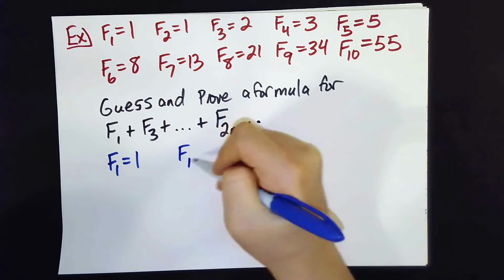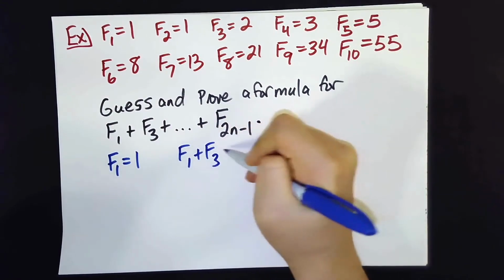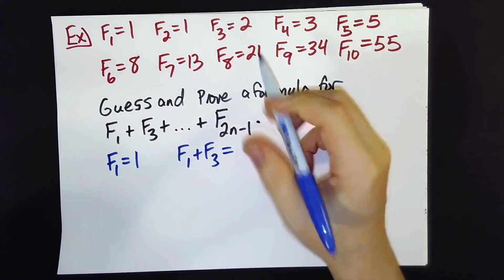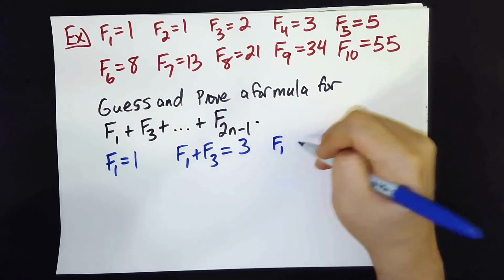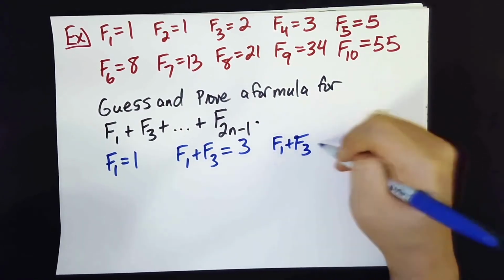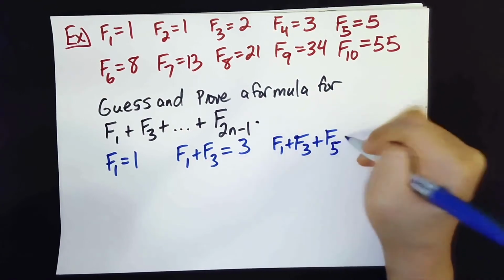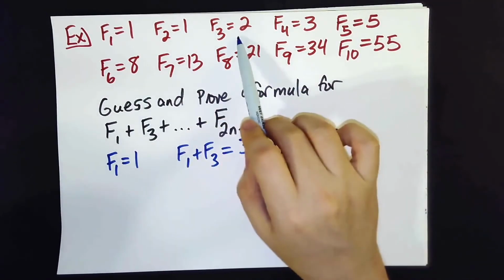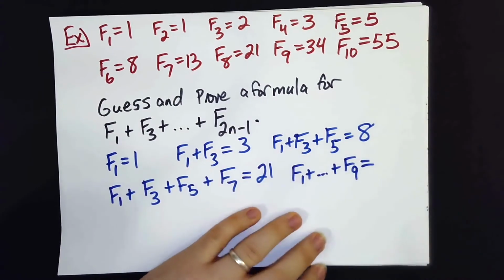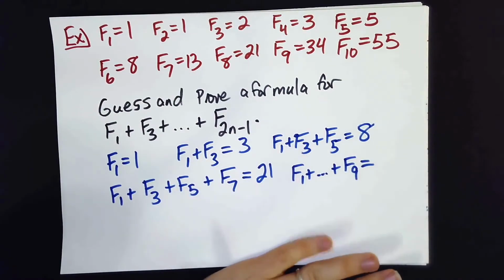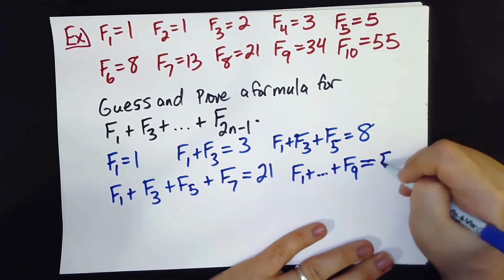If I write down f1 plus f3, that is 3. If I write down f1 plus f3 plus f5, that is 8. And if I go all the way up to f9, that is 55.